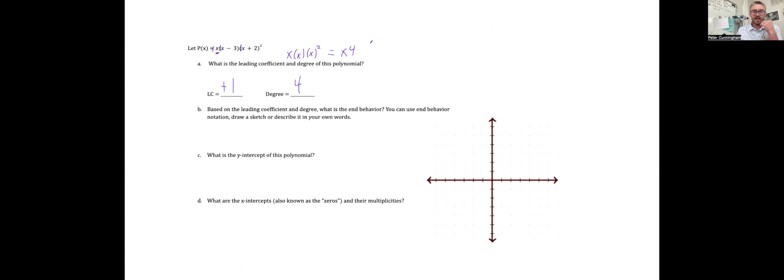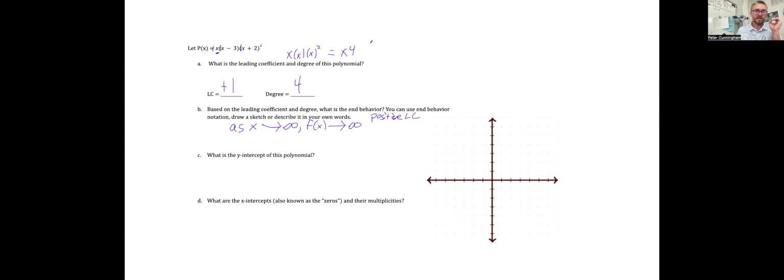All right, so based on that, we'll use the fancy terms this time: as x goes up, y, that's just a fancy way of saying y is also going to go up. Why do I know this? I know this because of my positive lead coefficient.